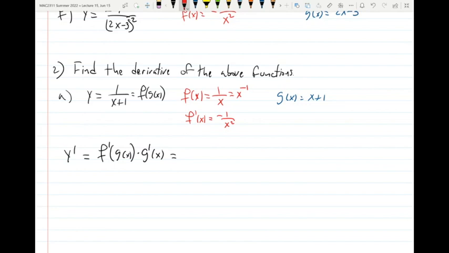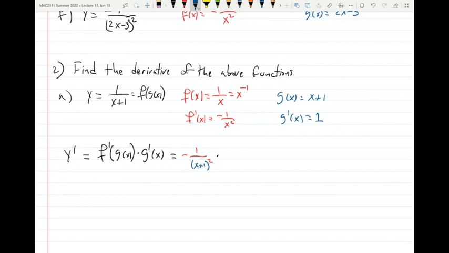That's f prime, and since we're gonna need it, let's also write down g prime. What's g prime? 1. Good. So now let's use the rule. So what does the rule say? Derivative of f, and then plug in g. So that would be negative 1 over, now I have to plug in g, and then times g prime.